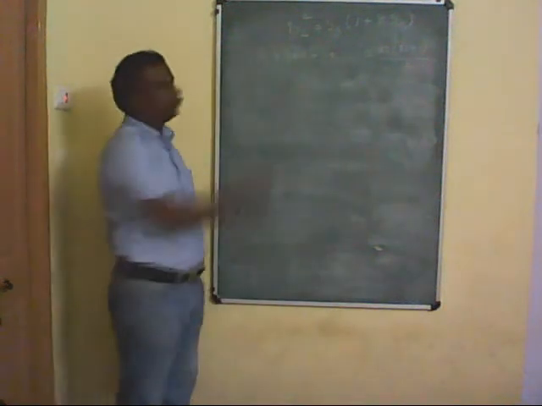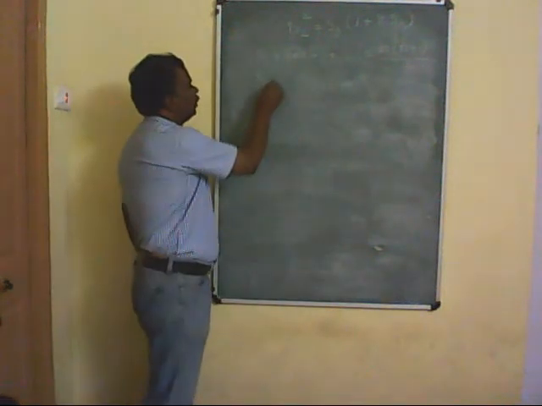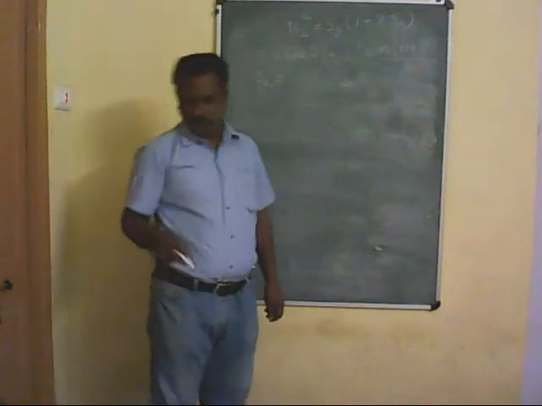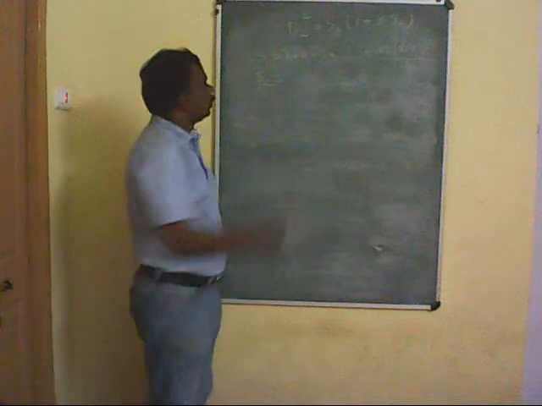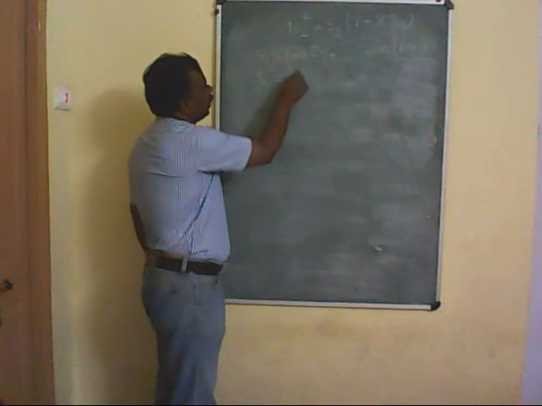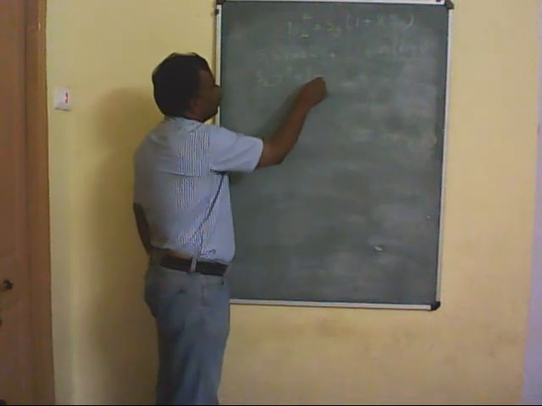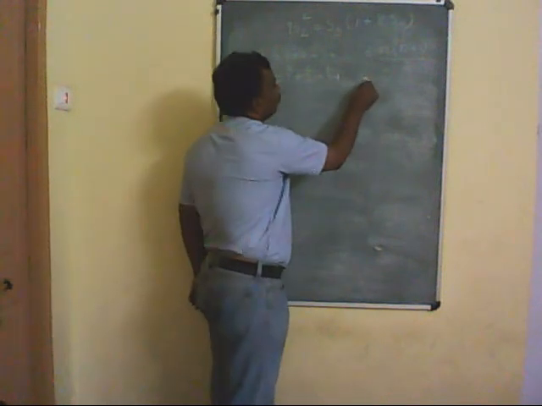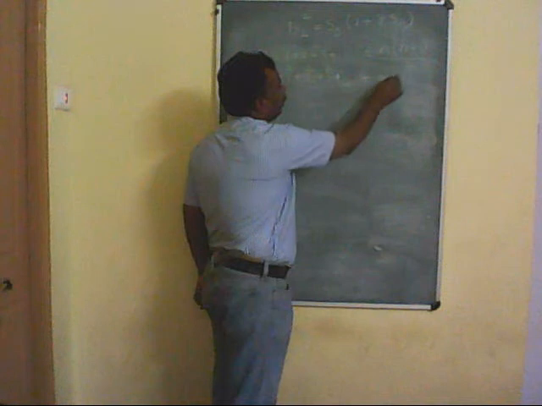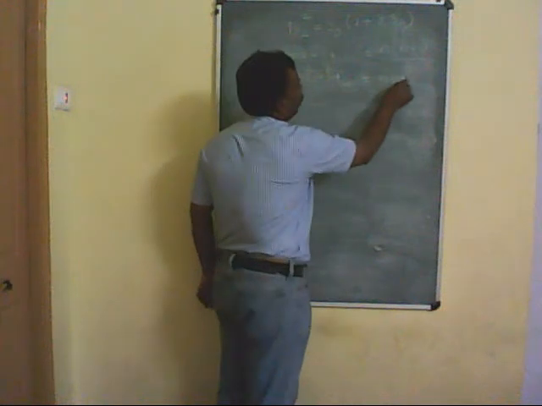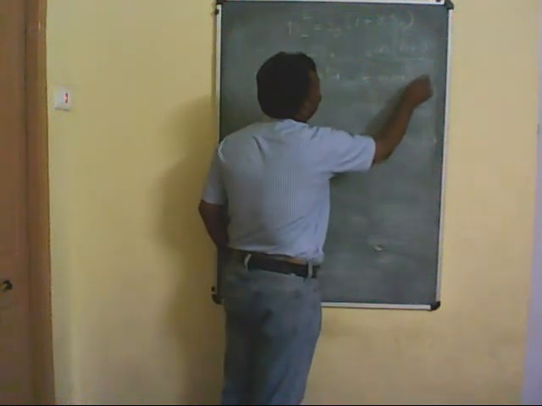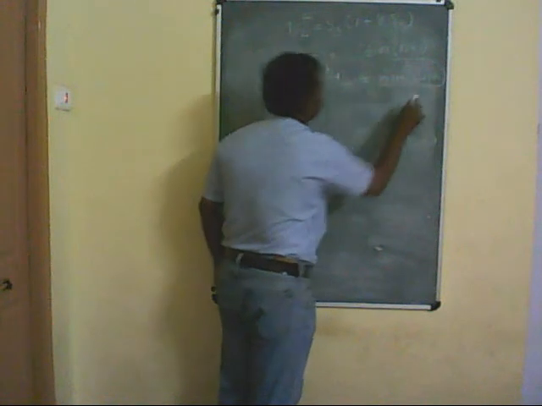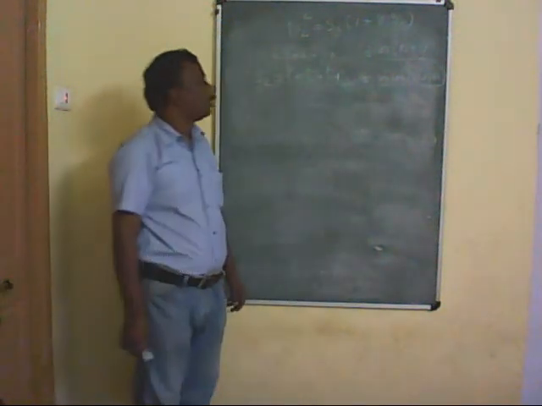And s2, you know that s2 equals the sum of the squares of the first n natural numbers, which is 1 square plus 2 square plus 3 square and so on, equals n into n plus 1 into 2n plus 1 by 6, right?